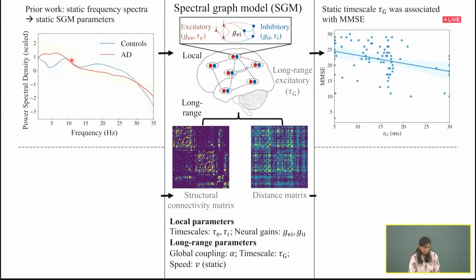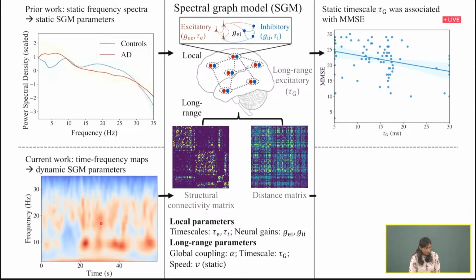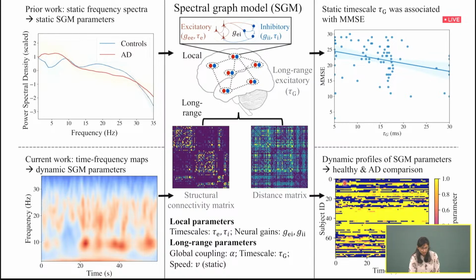We had this spectra. We did this model fitting and did some associations and found this. Now what I'm going to show you next is we have time-frequency maps, and now we are going to fit the model to every frequency spectra at different time points, and we'll get a dynamic profile of these parameters, and then we'll compare them, and that will also tell us something.